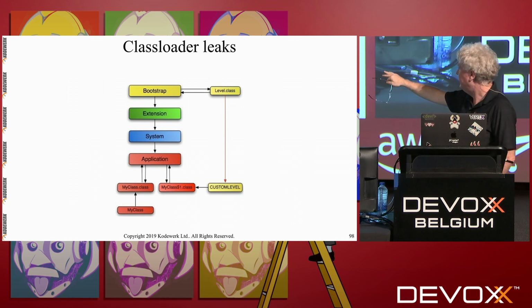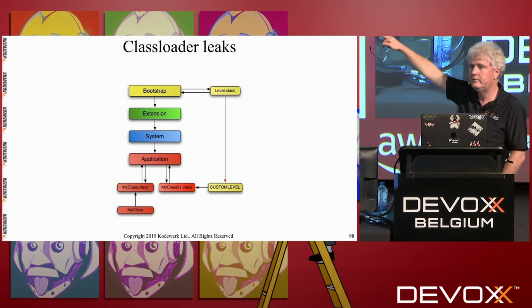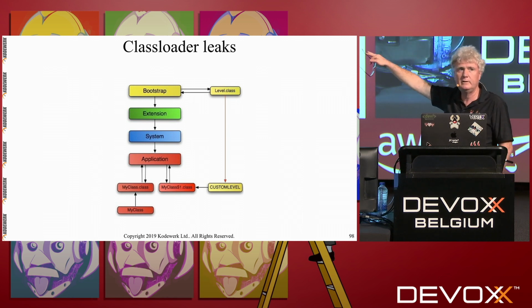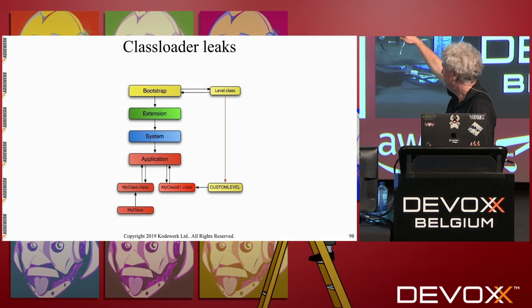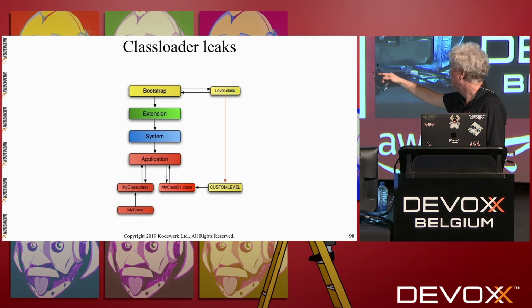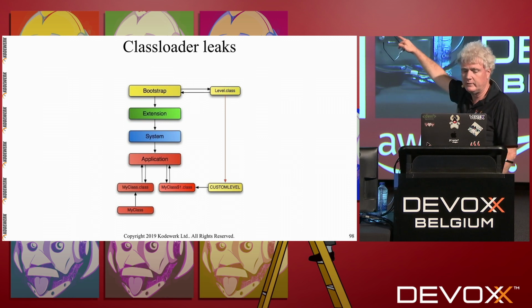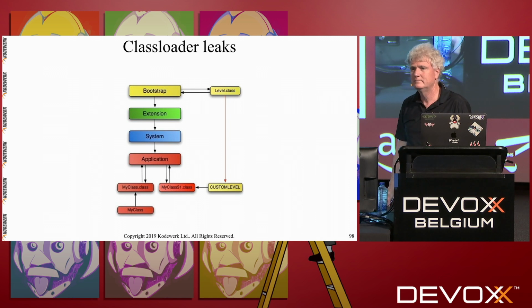But in this case, I have an inner class which implements an interface which extends an interface which has been loaded by the bootstrap class loader. You can see this external chain here. So when I get rid of the class loader by disconnecting it, nulling it out or basically throwing it away, I still have this reference chain back to the bootstrap class loader, which means none of this can be garbage collected.